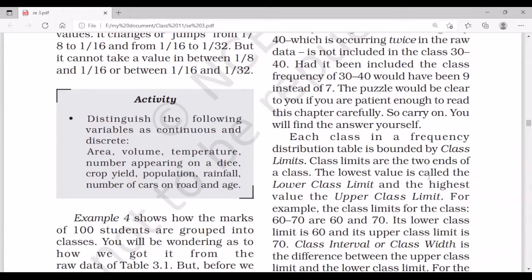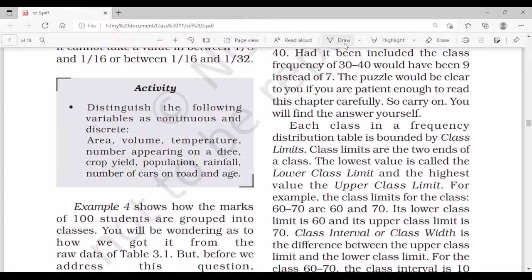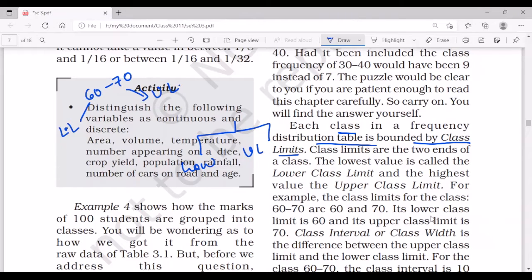The lowest value is called the lower class limit and the highest value the upper class limit. So the class limits can be divided into two parts, that is the lower limit and the upper limit. For example, we have 60 to 70 in this. This is the lower limit and this is the upper limit.